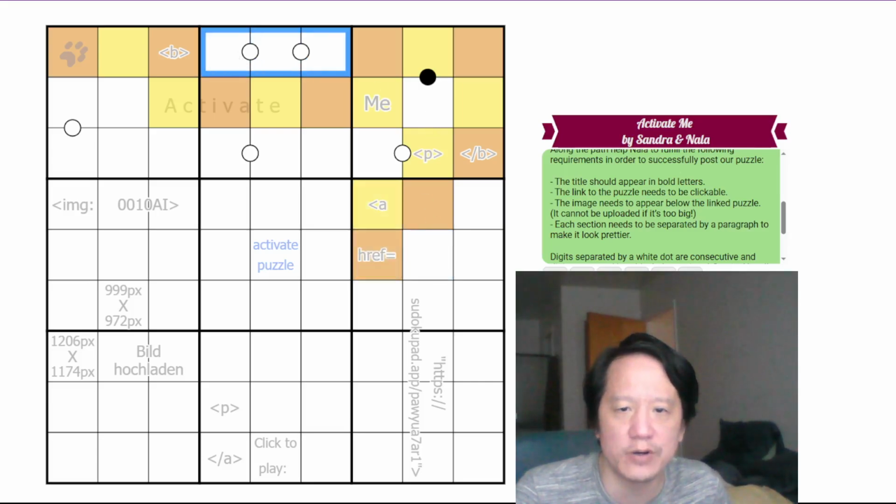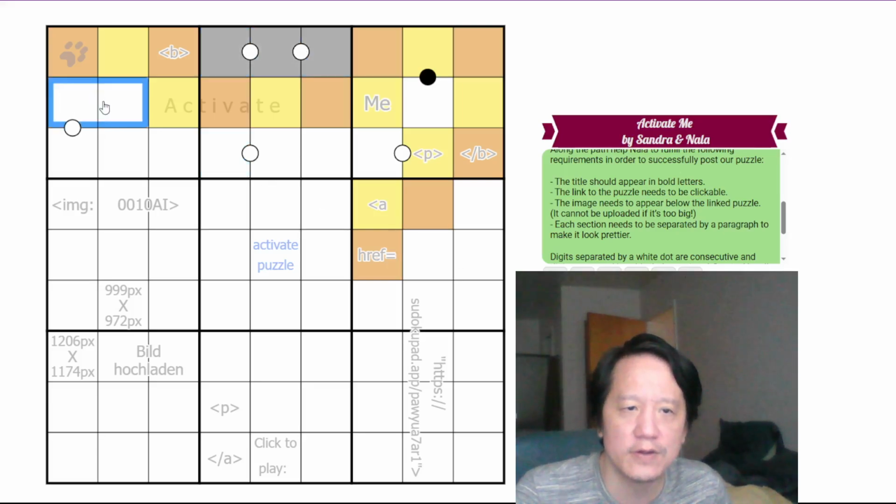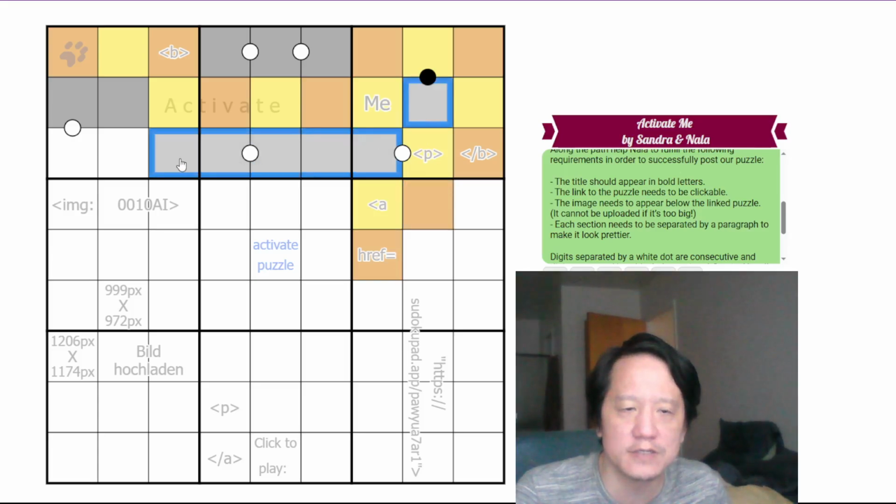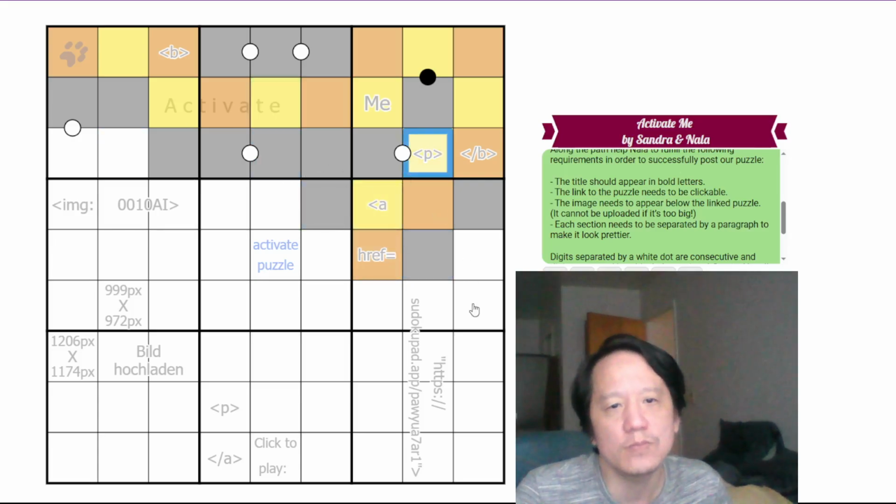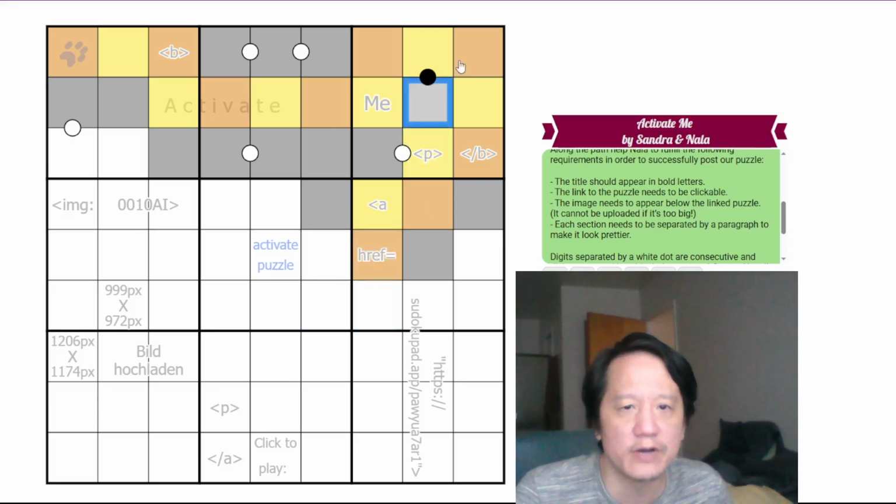These are not part of the path because they are orthogonally connected to parts of the path, but cannot be. Cannot have the path go on it. Same with this. Same with this.